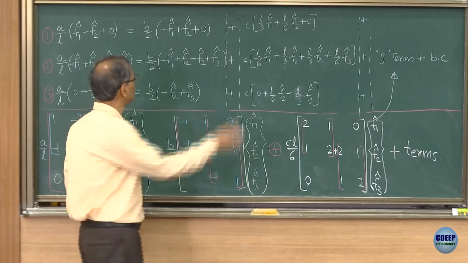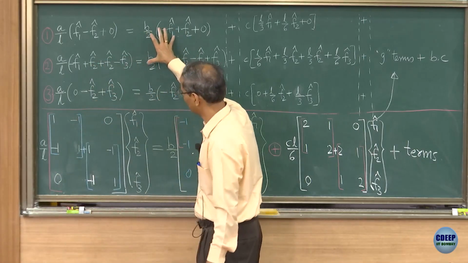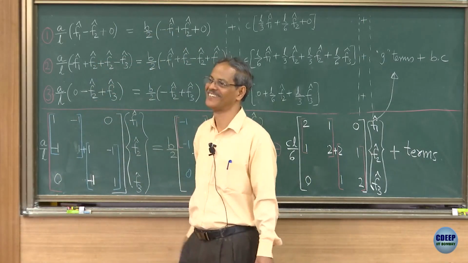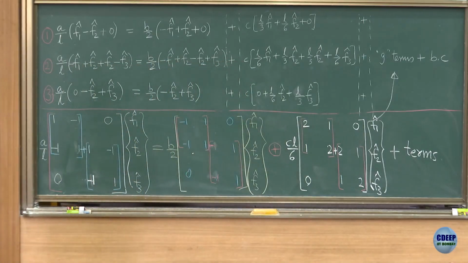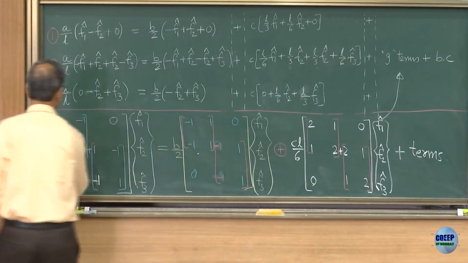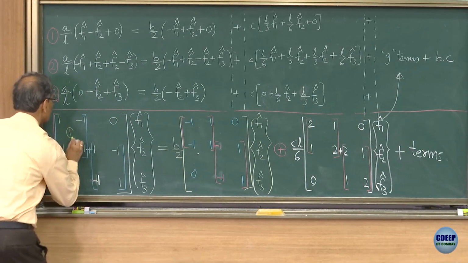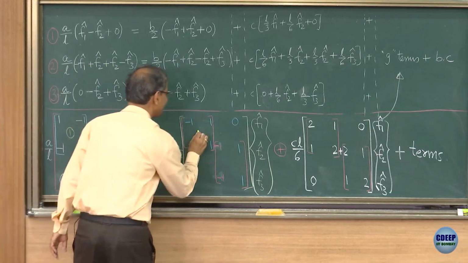Now if I, instead of this way, present it in this manner, the pattern in the equations is coming out more clearly. So this belongs to the first element everywhere.